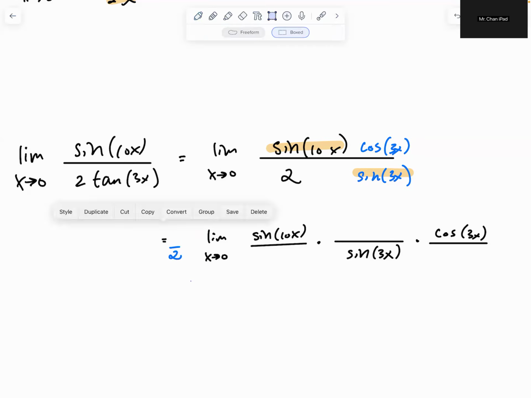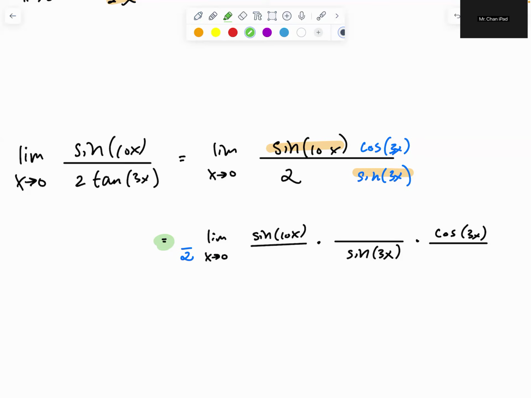Now, some people would ask, Mr. Chen, how do you know that this is the way to do it? My explanation is, I'm just operating within the philosophy of the limitation of equality. Whatever I'm writing is exactly equal to the previous part. Therefore, I could do it.